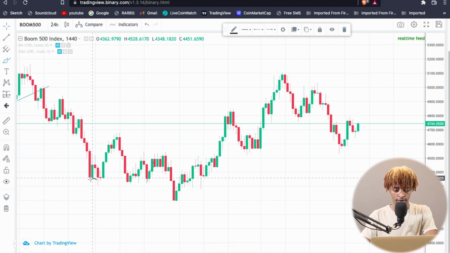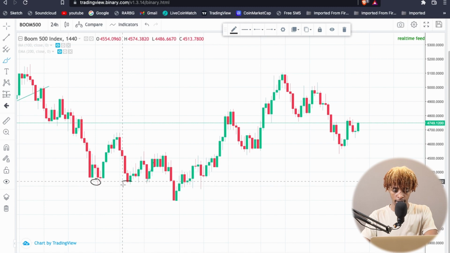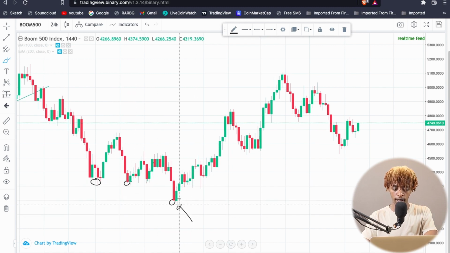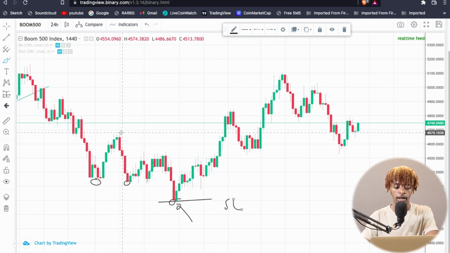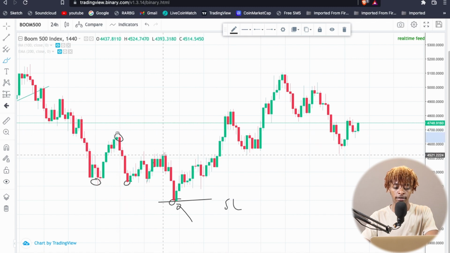We have a reversal here, market reversed here, market reversed here. Actually this point here is the lowest point, so you can take it as the swing low. This low is called swing low, or the lowest point in the current time frame that you are watching. Then from the upper side we have another reversal.